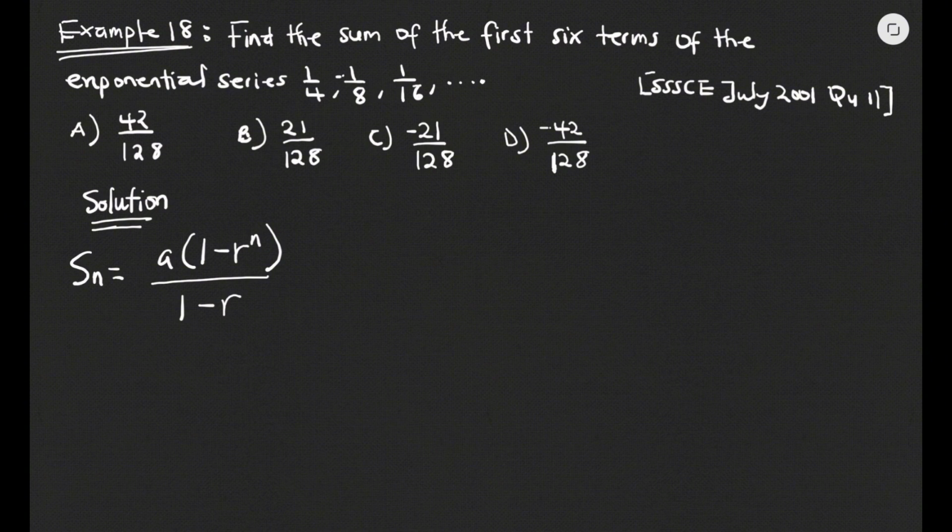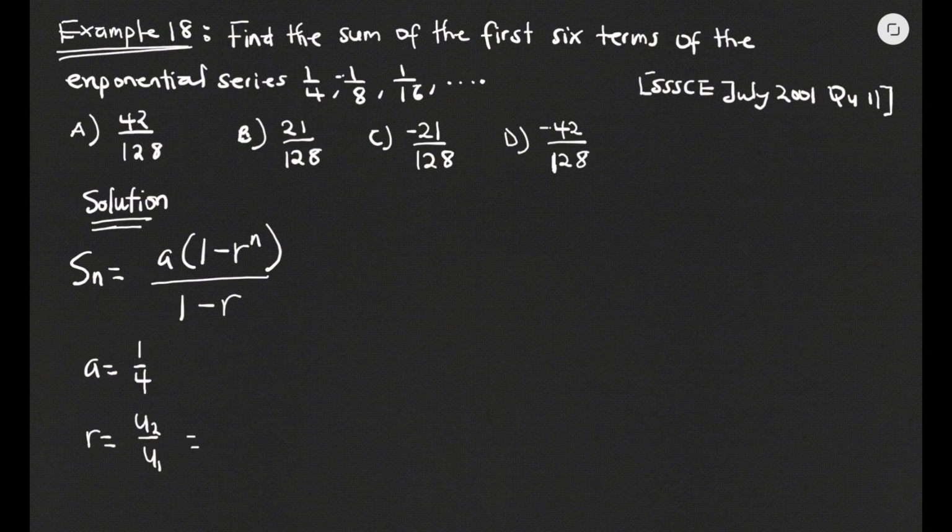All right, so if you look at this, our A from this question is 1/4, as we can see over there. That is the first term. Our ratio r will be equal to U2 on U1, which in this case U2 is -1/8 and U1 is 1/4.